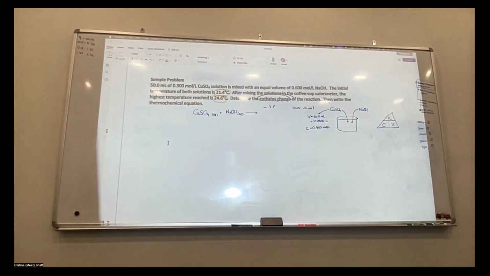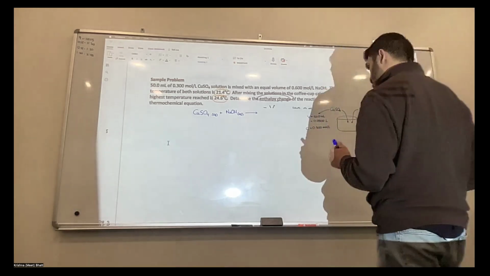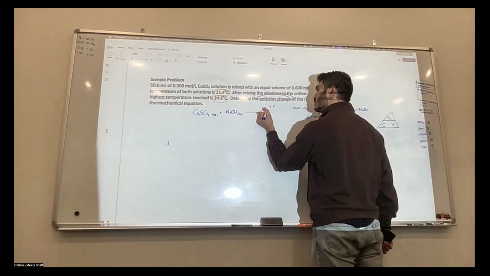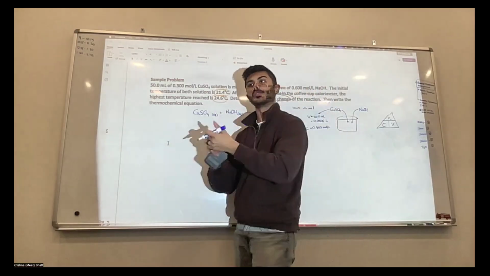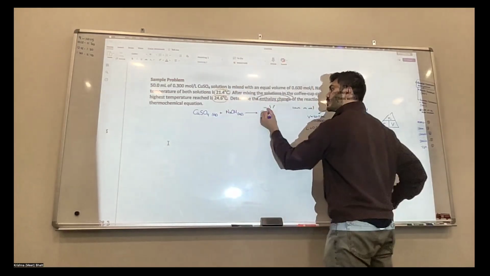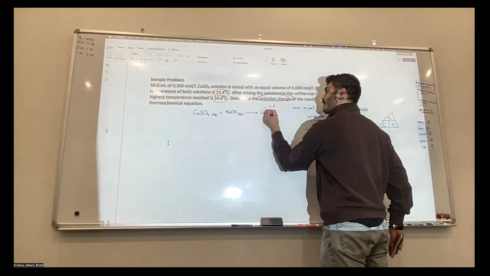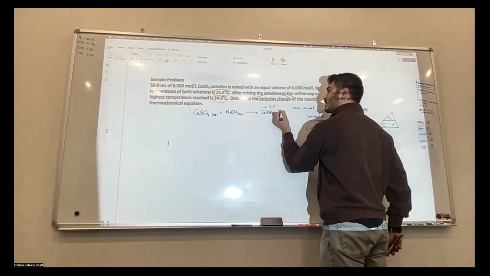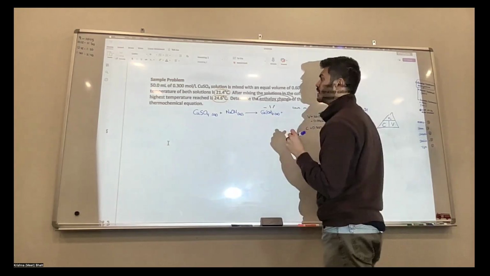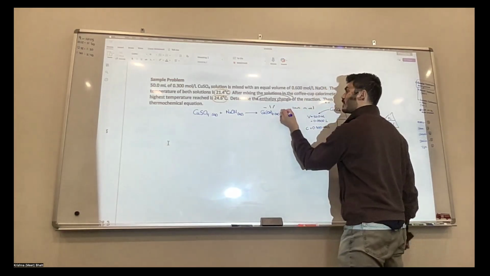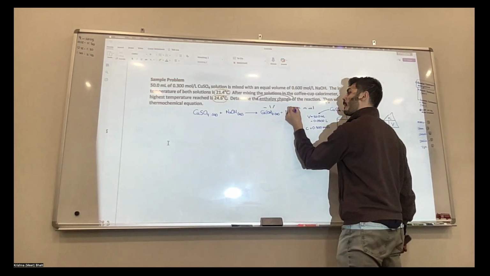What do you think it produces? It's a double displacement reaction. Cu goes with OH2, and that's my aqueous, plus Na2SO4.